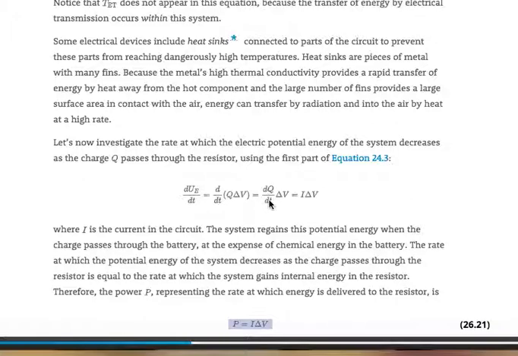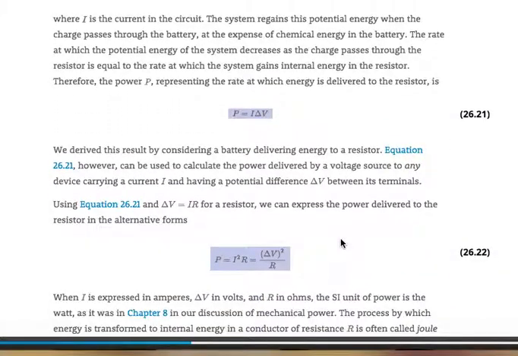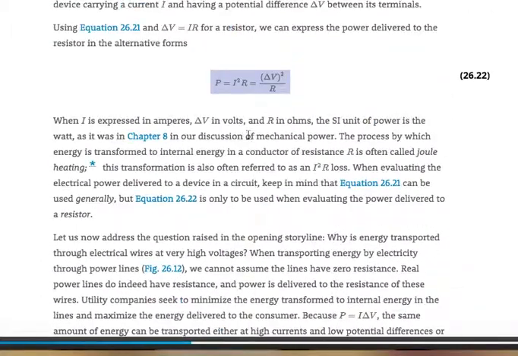Well, this dq dt term is current, so power for electrical circuits is current times voltage. But it is still the rate at which work is done. And that's just substitution with Ohm's law.